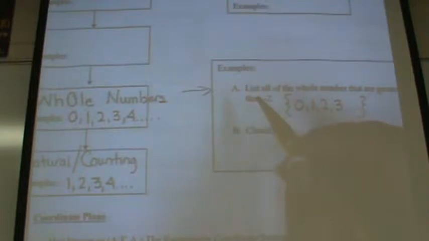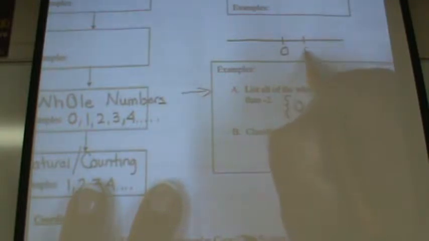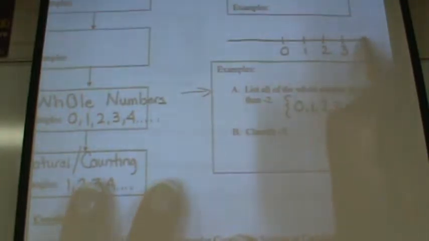Okay, so we're moving along in grade school, and they start making you graph numbers on a number line. So here's your number line, and we know 0, 1, 2, 3. What do they do after that?